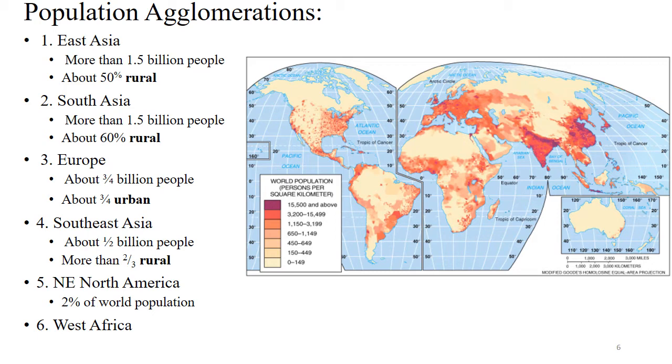Oftentimes, these distributions and concentrations of people are near particular things, right? It is their situation that gives rise to these concentrations. Often you will see these populations near trade routes, whether those are coastal ports or highways. Our own Las Vegas exists on the I-15, right?